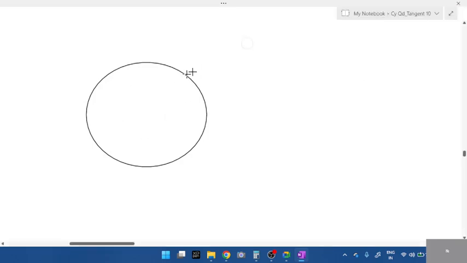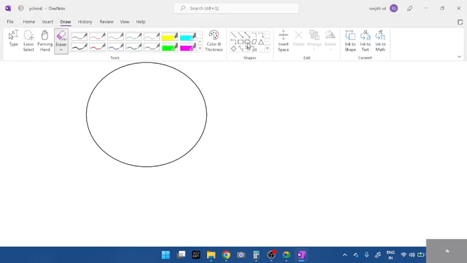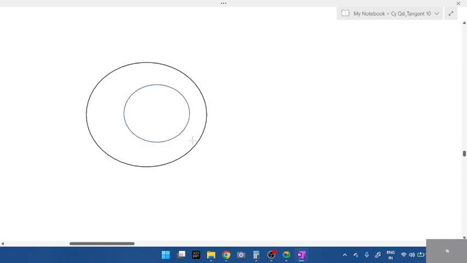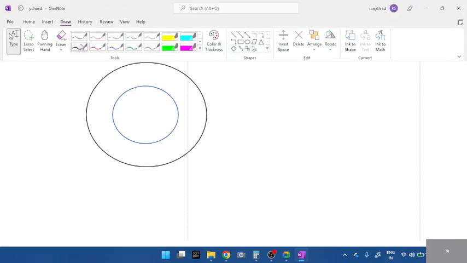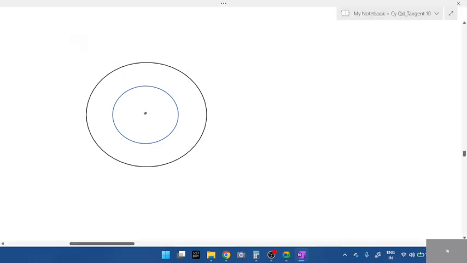This is a circle. Inside we have another circle. The center is the same, students. For both, the centers are the same.